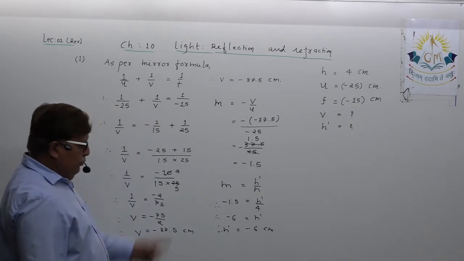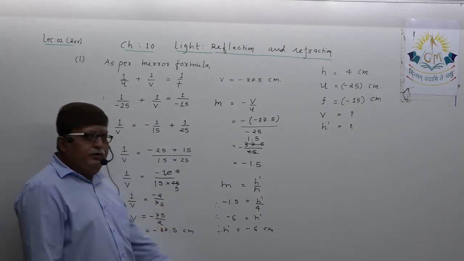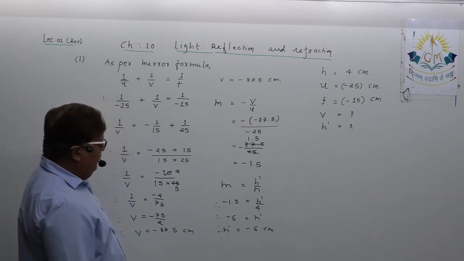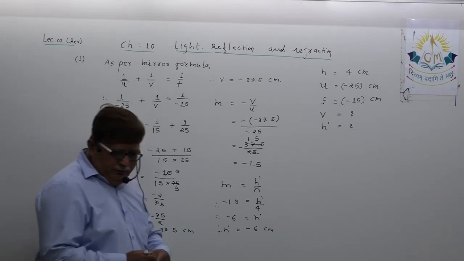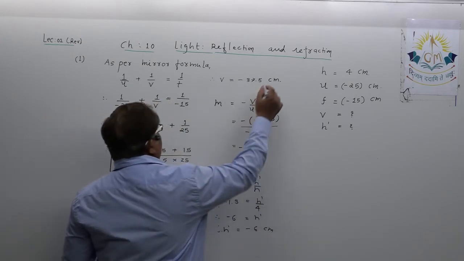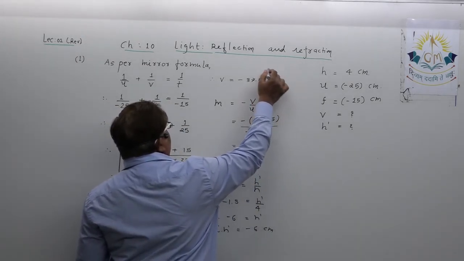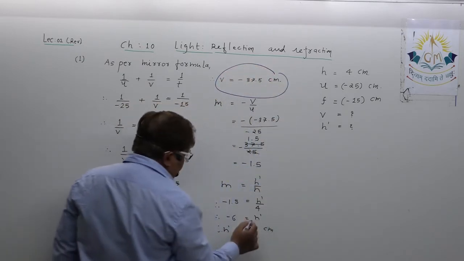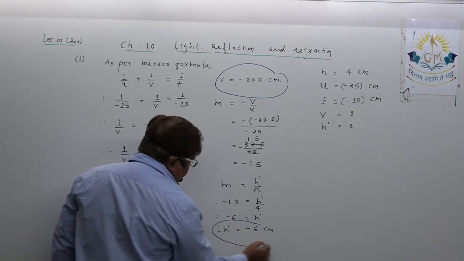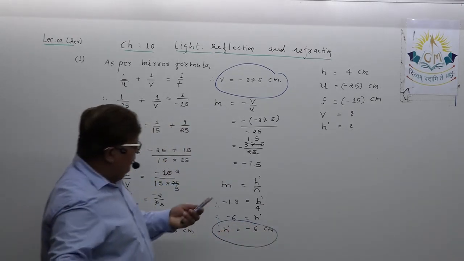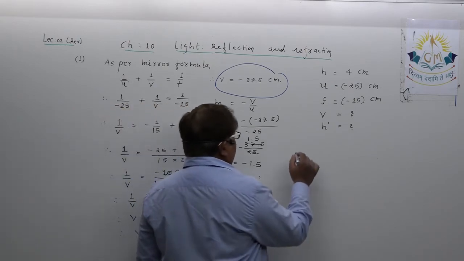But when you write the final answer, you would not like to put the negative sign. So two answers were required from us, the first answer is here and the second answer is also here. So what you will write at the end, you will write this way.